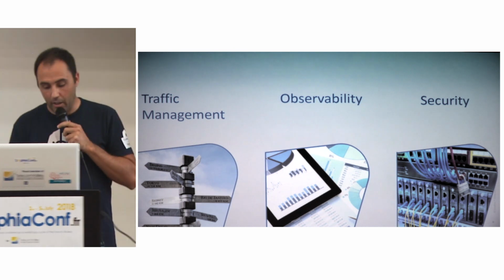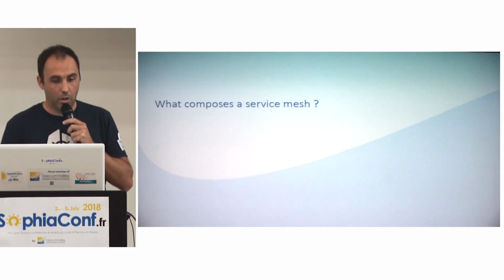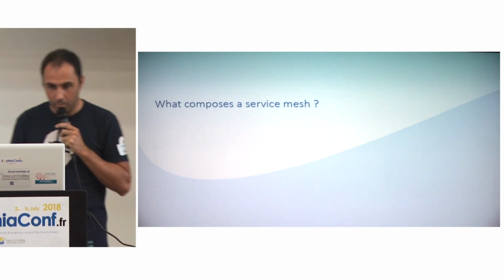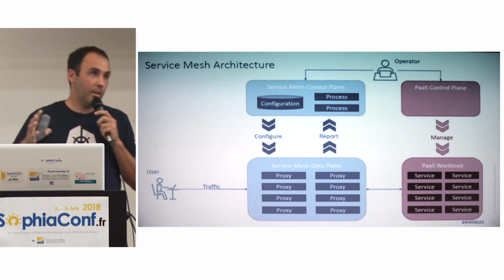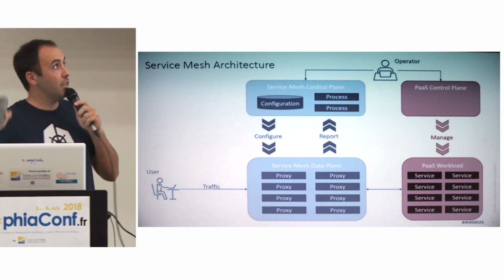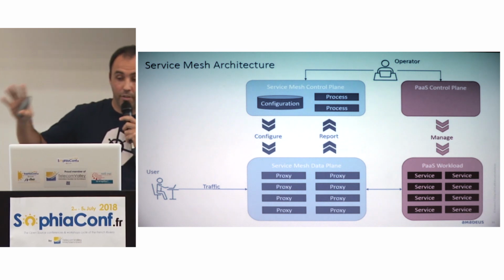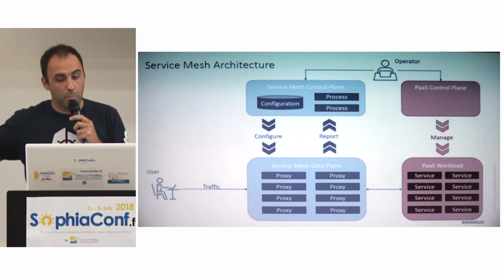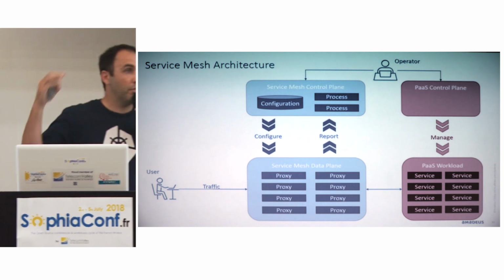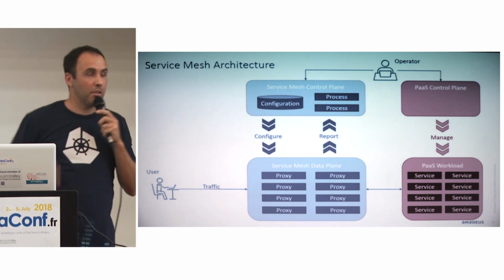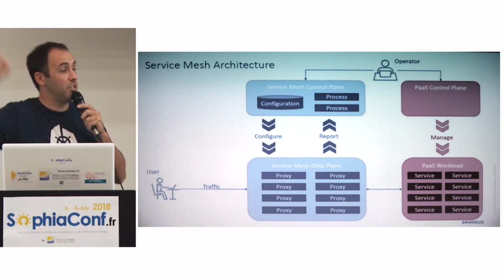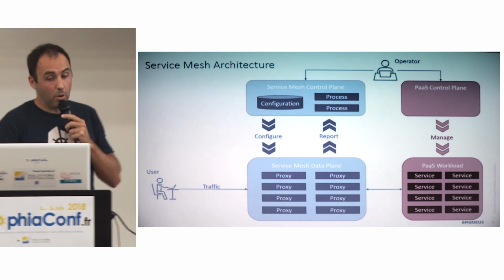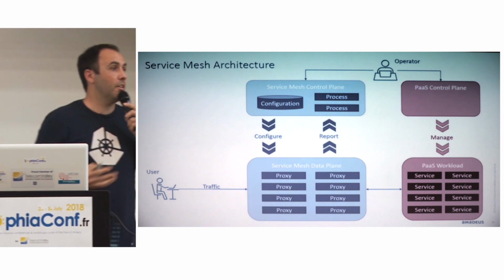But before detailing the three of them, I would like to explain what really composes a service mesh. Your system, the one that you are running today, is the pink part, probably. So you have VMs, bottom right, running services, distributed most probably in containers. And you have a control plane, let's say the Kubernetes master, if you're using Kubernetes, that configures and manages this cluster. And next to that, we're going to add two other pieces that will make the service mesh.